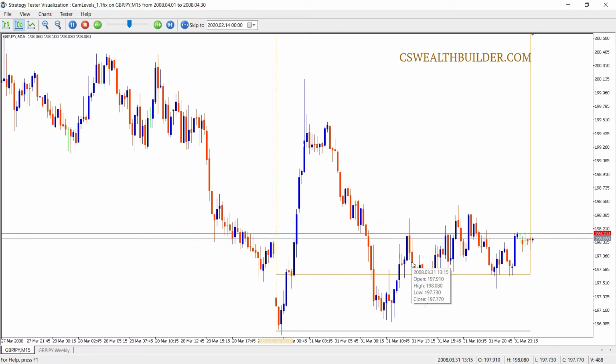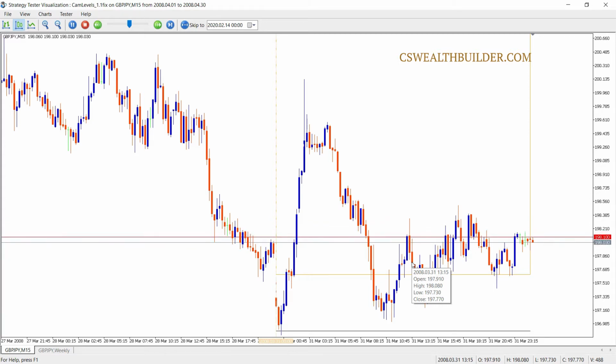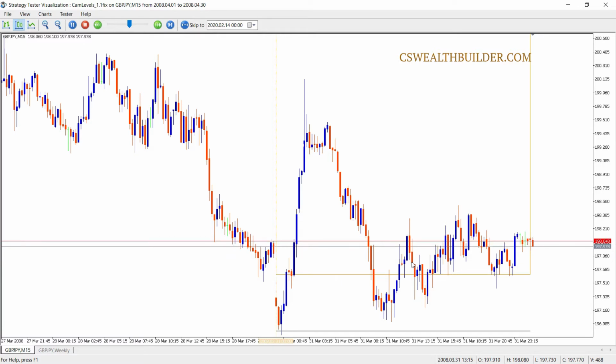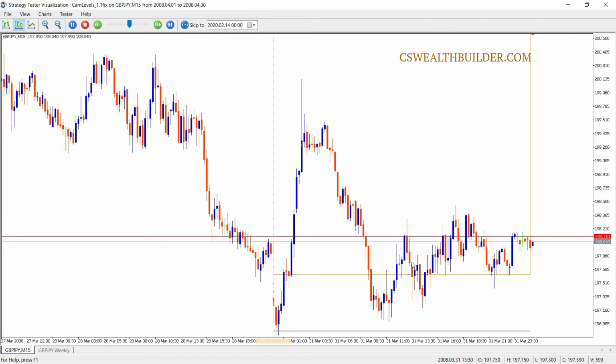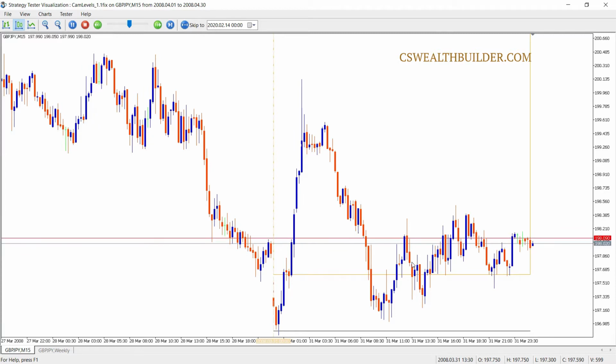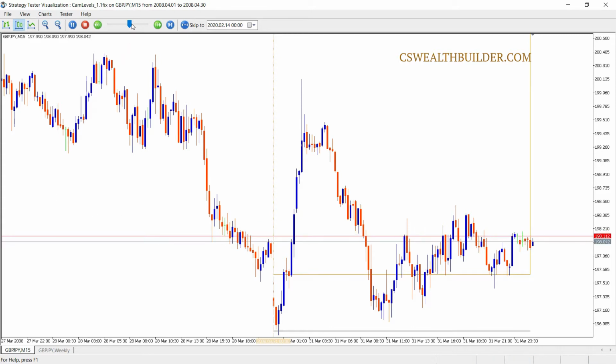So every time the price changes, which is way more often than once per second, the robot analyzes if there's a good opportunity to either buy or sell. So that's how it goes. So I'm just going to go a little bit forward until the robot begins to make a transaction.